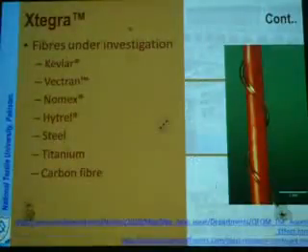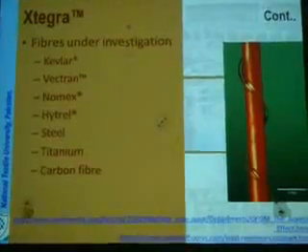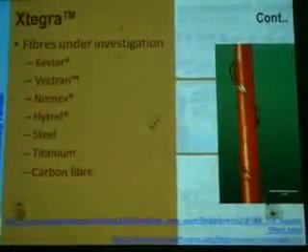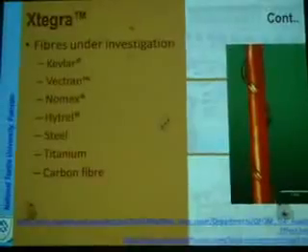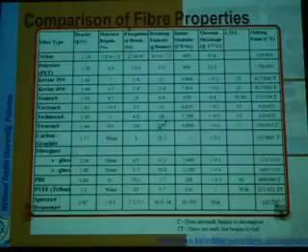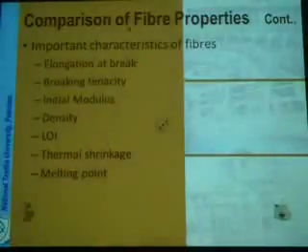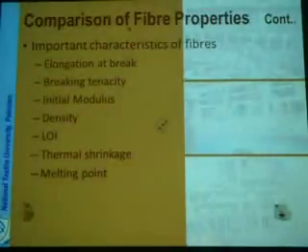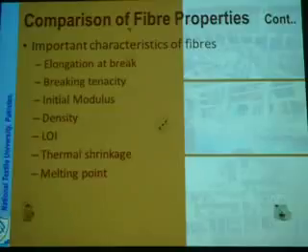Currently, fibers under investigation are Kevlar, Vectran, Nomex, Hydrals, steel, titanium, and carbon fibers. The important properties of the fibers, which play an important role in the manufacture of these materials, are elongation at break, tenacity, initial modulus, density, LOI, thermostatic melting point, etc.